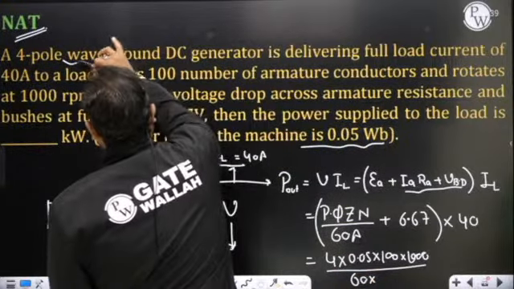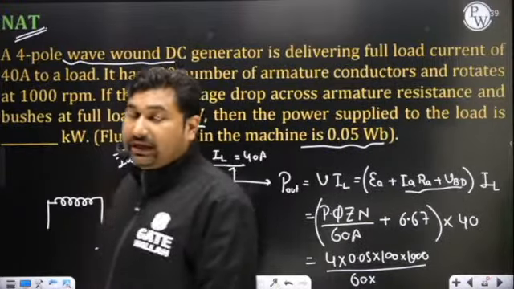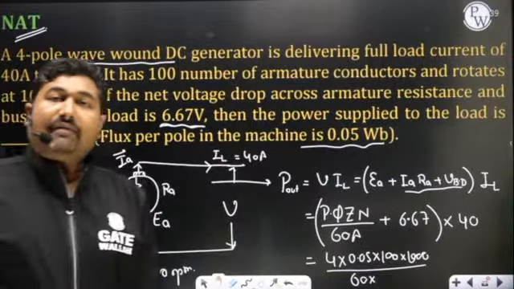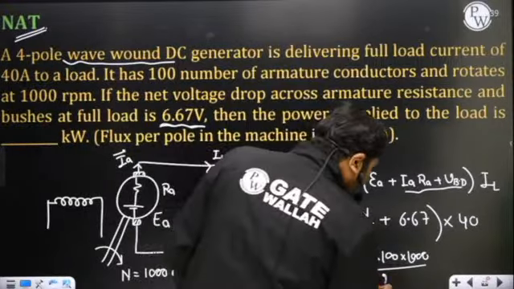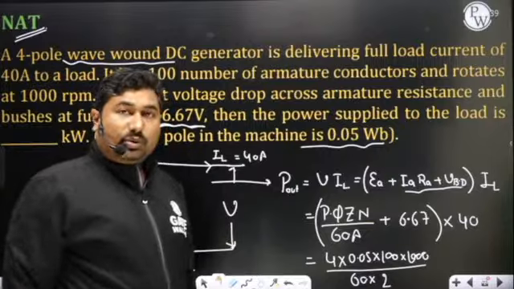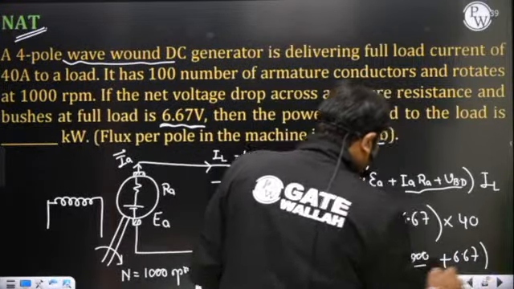Sir, only wave wound is given. Whether it is a simplex wave, duplex wave, triplex wave, it is not given here. So we have to take it as simplex wave only, and accordingly we have to put the number of parallel paths 2 only, plus 6.67 into 40.